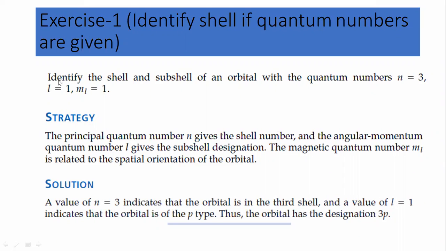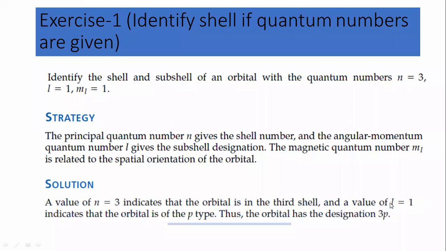And now the value which is given over here, because when we calculate L, the simple formula is n minus 1. So in this case it would be 2. But here you must focus on what information is given over here. So you have to calculate according to the question.